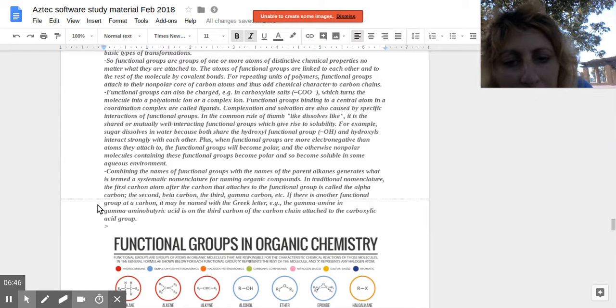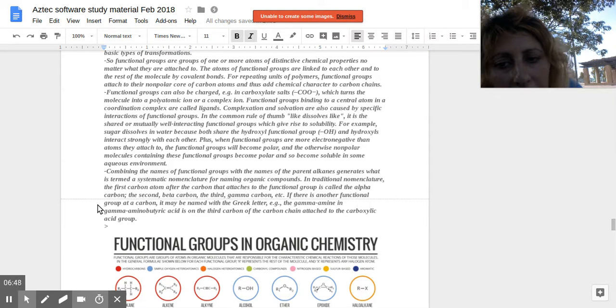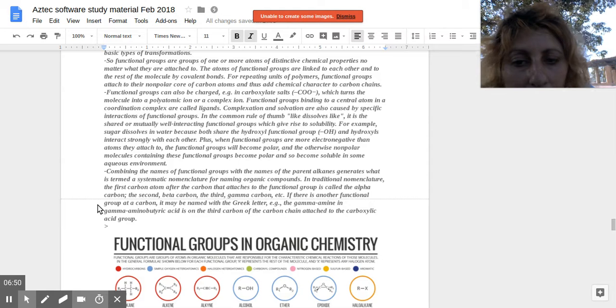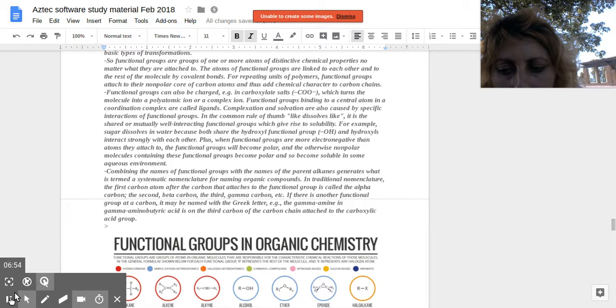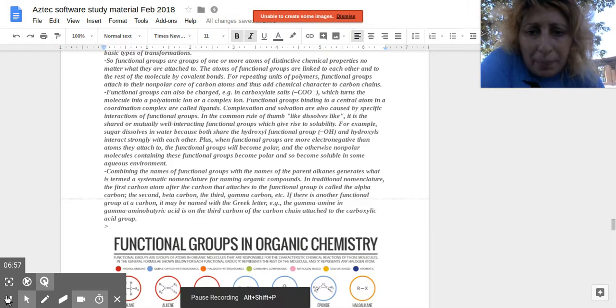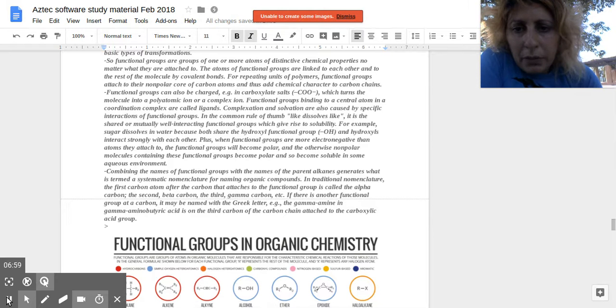When functional groups are more electronegative than the atoms they attach to, the functional groups will become polar.